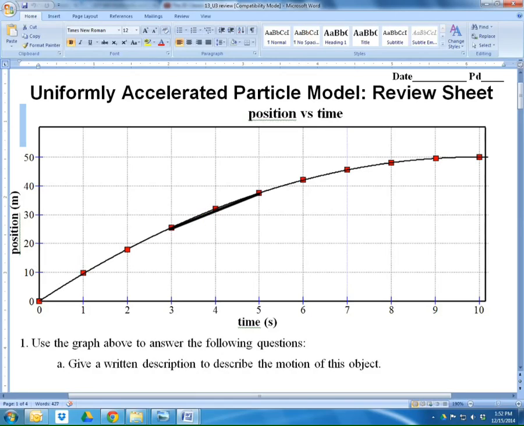Now there is a question like this on the test, so you need to understand how to do this. So when you do a tangent, your mid-time is going to be the slope of the 2 points you connect here. If I wanted to figure out the slope at this point, I would connect this point here with this point here, draw a line between them, and then calculate the slope by taking the rise and dividing it by the run.